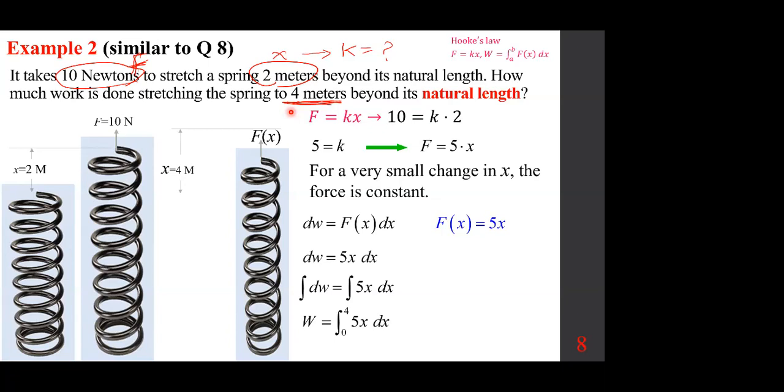As you keep on stretching, you need more and more force, okay? It becomes harder and harder to do that. So the force of stretching is not constant. The force of stretching is variable. And basically, you put the 5x into the integral from a to b, where a is 0 and b is 4, and there you have it. Okay, class?